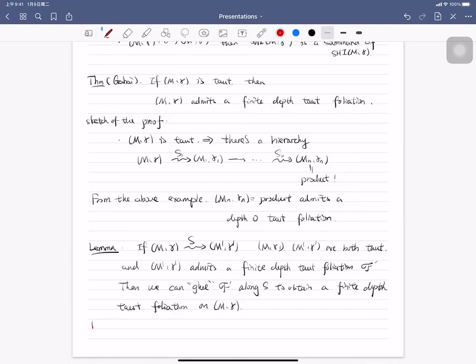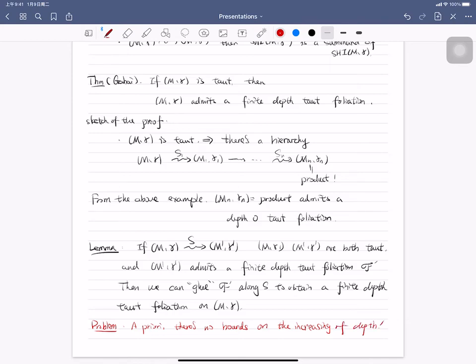But the problem is that a priori there is no bound on the increasing of depths.